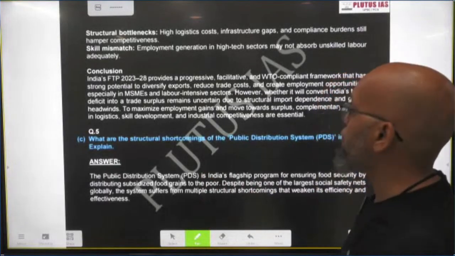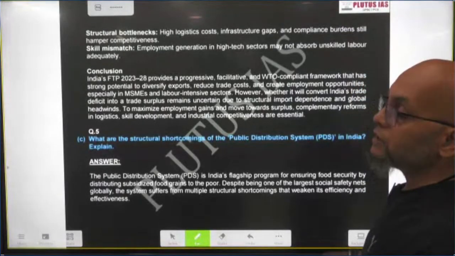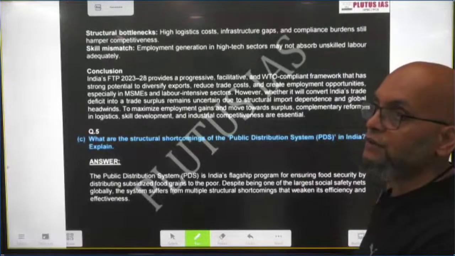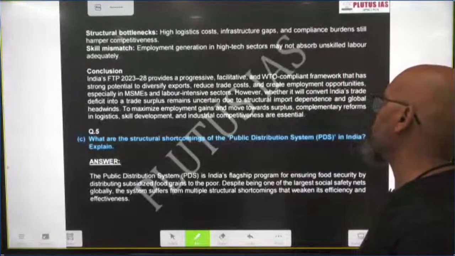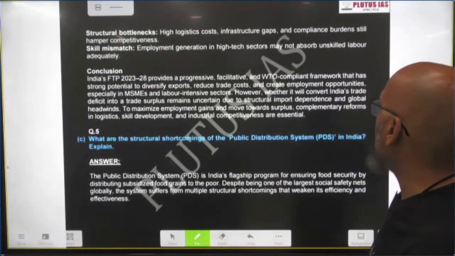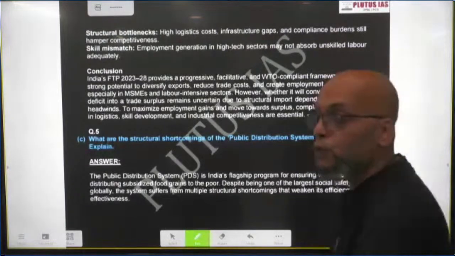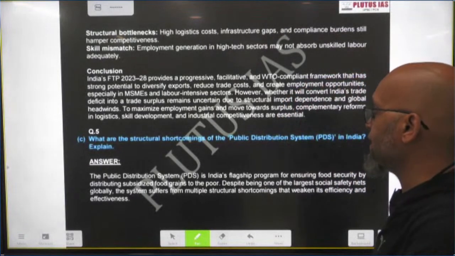Then structural bottlenecks, high logistics cost. Logistics, to transfer the product from factory to market, you need roads and all. Infrastructure gaps and compliance burden, government documents and all that you need, still hamper competitiveness.